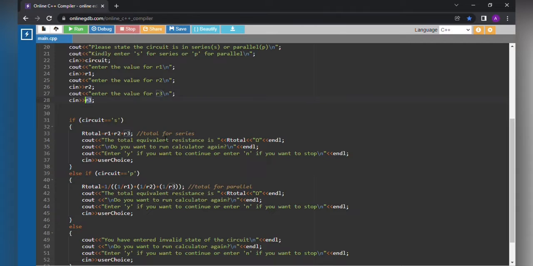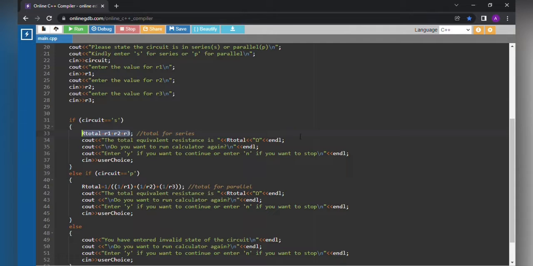If the user entered S, which is for series circuit, it will then calculate R total based on this formula: R total equals R1 plus R2 plus R3. Then it will display the output here. The total equivalent resistance is R total, which we get from the formula.